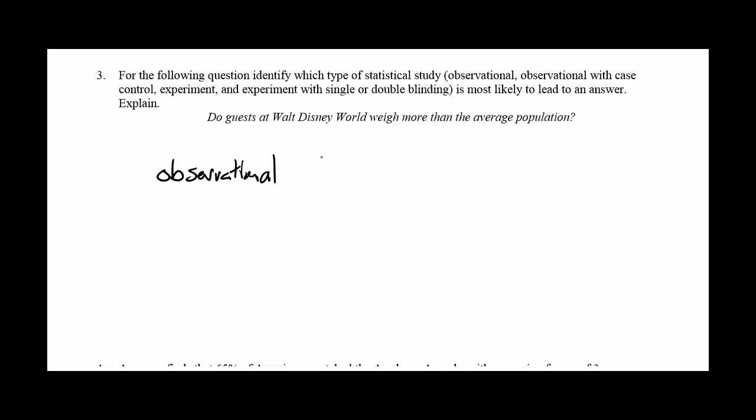And people that go to Walt Disney are considered people, right? So in that case, we would want to break this up into cases. We'd want to, in our sample, separate the sample into groups at Walt Disney versus those that aren't, and then we'd be able to compare the average weights of some type with that.